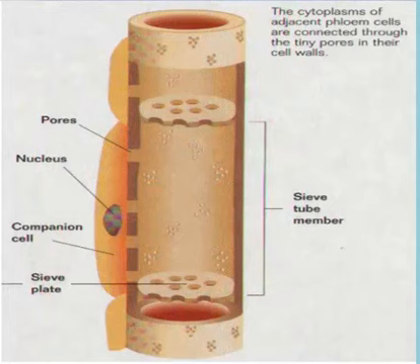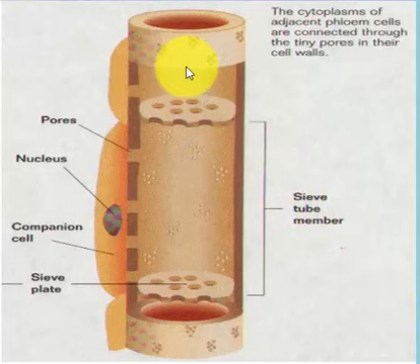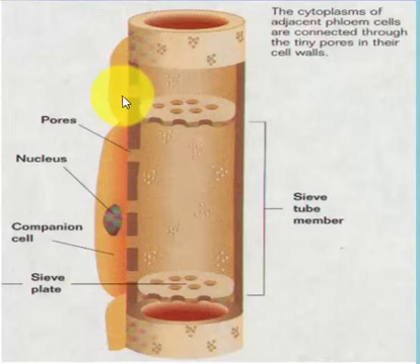The function of phloem is the movement of organic molecules from the leaves to the stem and root of the plant. It consists of two types of cells, sieve tube elements and companion cells. Both of the cells are alive at maturity.